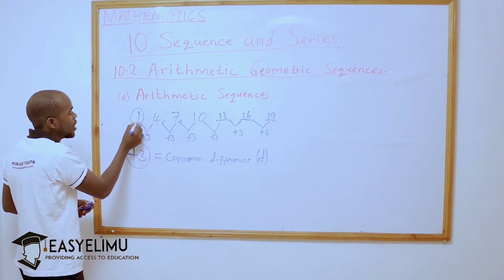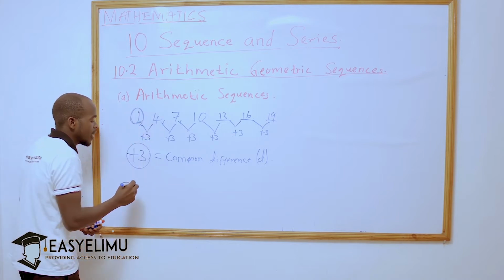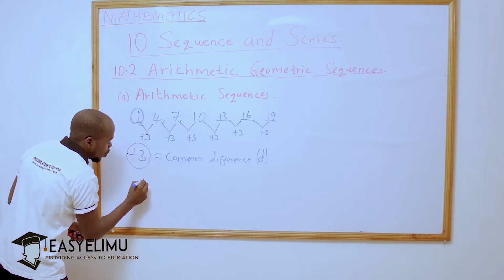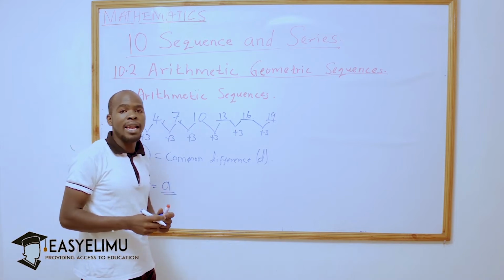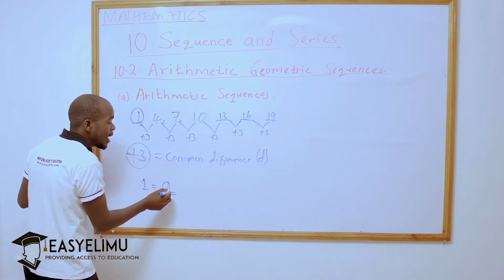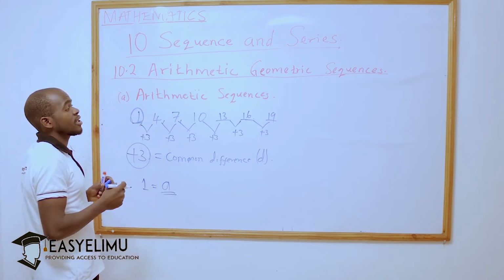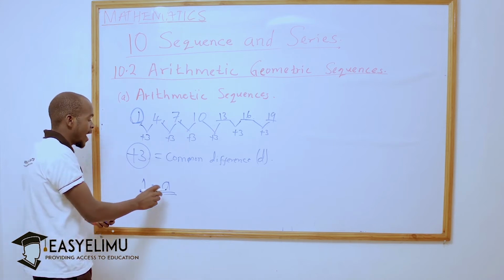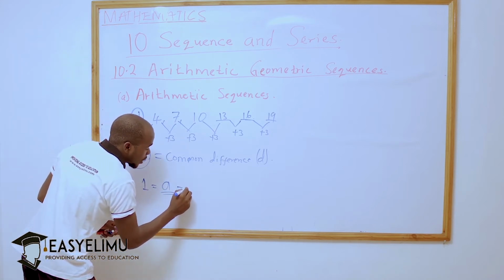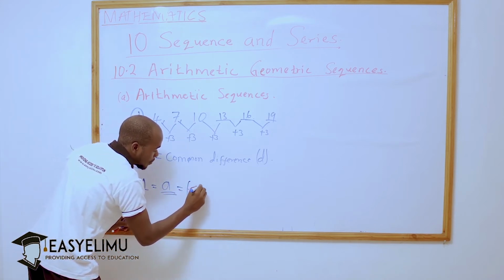And the first term here is represented by the letter A. If you see A in an arithmetic sequence, or in any kind of sequence, in most cases A represents the first term.